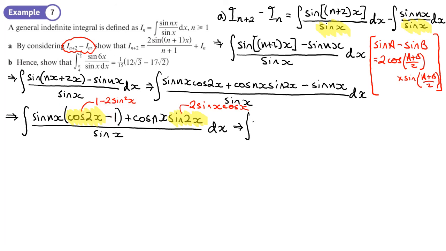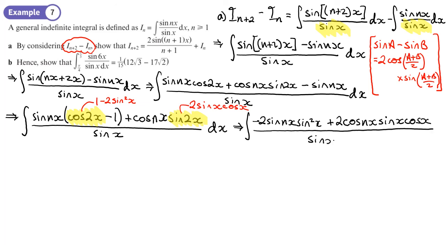So I could write it as negative 2 sine nx sine squared x. If I then multiply the brackets, I'll have plus 2 cos nx sine x cos x.